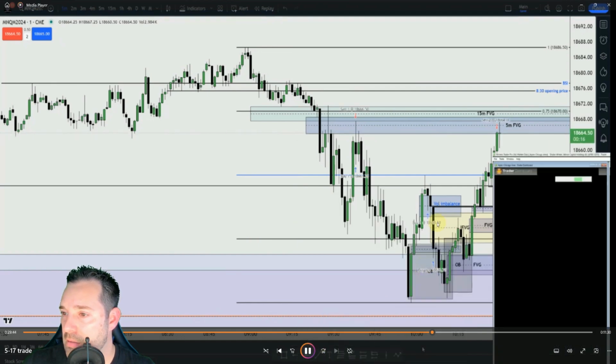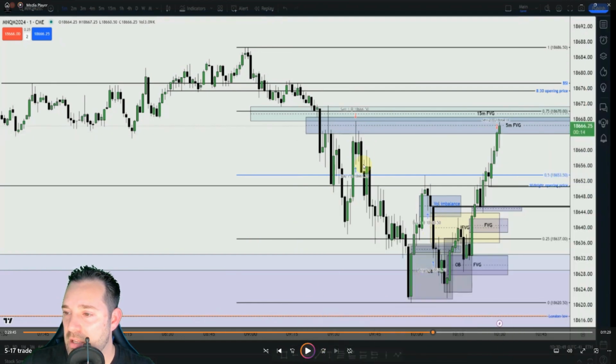So put my markings here. Oh, this short here, I took this short and I was targeting down the London low. But I got out right here because I took this short right up in here and I realized it wasn't copied to any of my accounts. I was like, oh my gosh, are you kidding me? It was me.